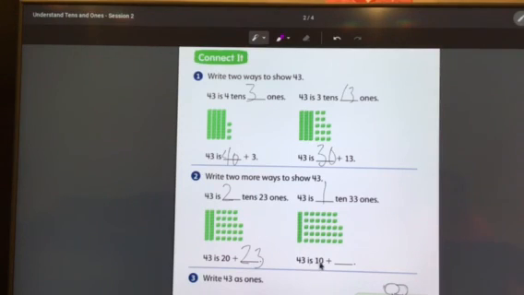So 43 is 10 because 1 ten is the same as 10 plus how many ones? We don't need to go and count all of these right here because we know right here that it says 33 ones. So 43 is 10 plus 33.